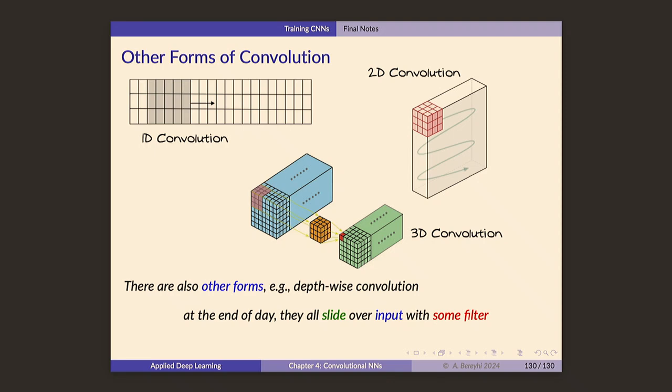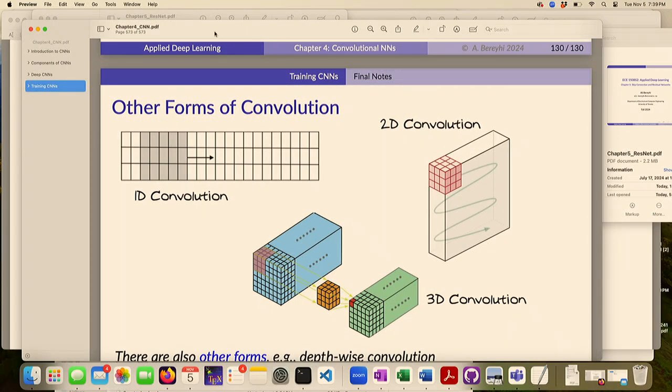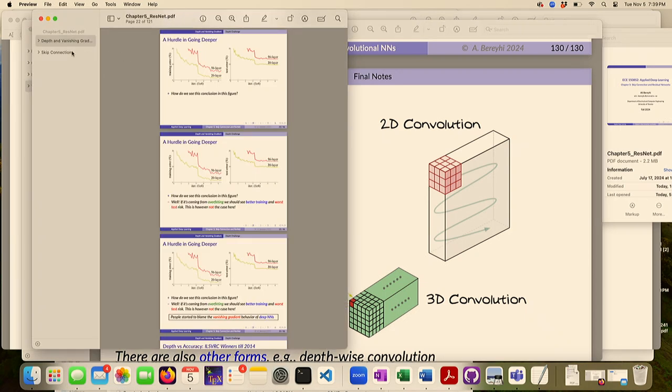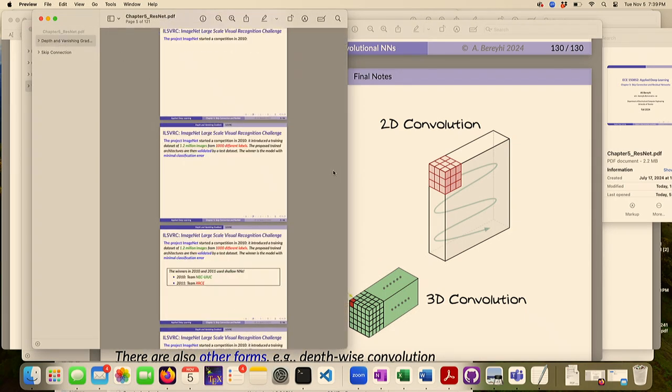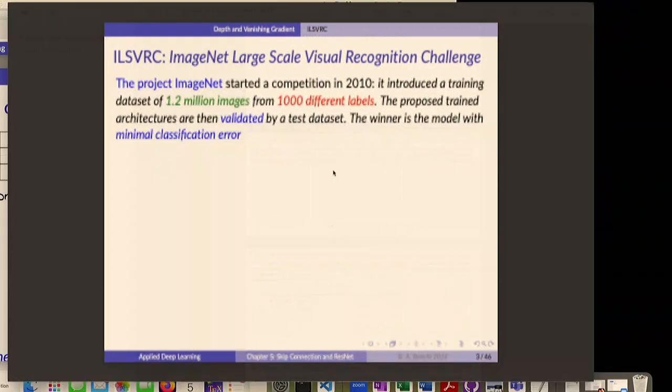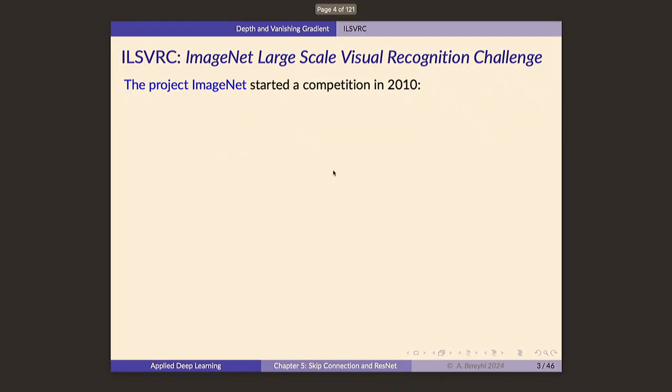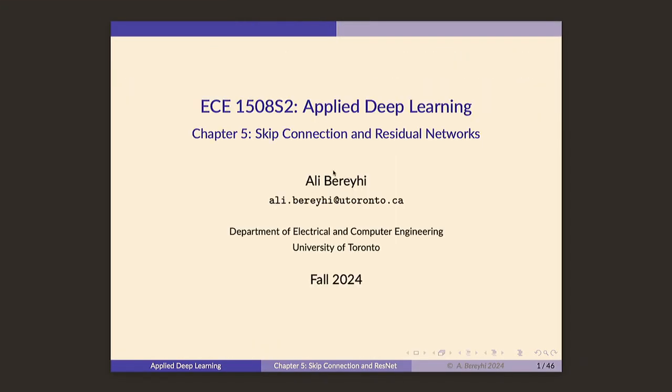Do you have any question on chapter 4? Any question? So was it clear? So everybody has a feeling about convolutional neural networks? That's great.